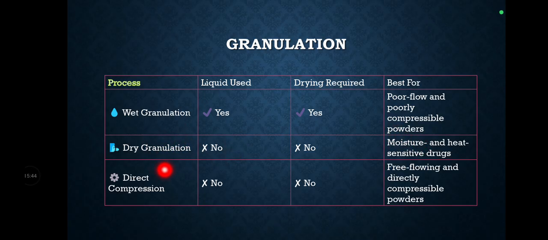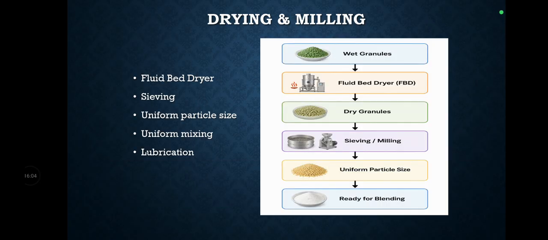After that, direct compression is also available. In direct compression, no liquid is used, drying is not necessary, and it is best for free-flowing and directly compressible powders. So these are the granulation processes used in the journey of the tablet.